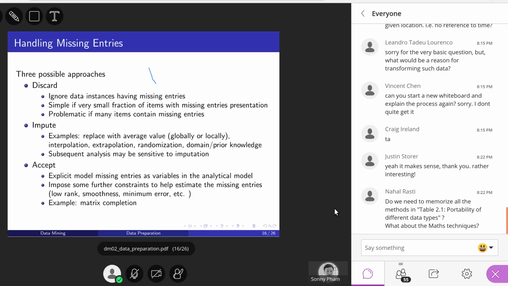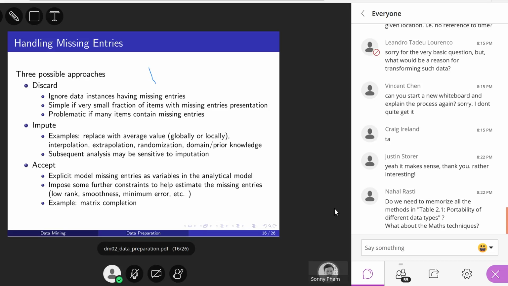One important thing I would like to discuss now is when you can discard the entries, when you should perform imputation, or when we can accept the entries.